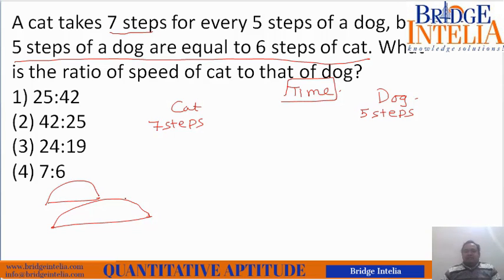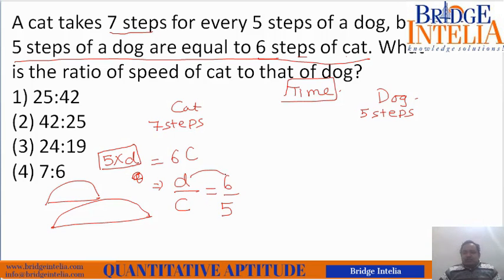So let in one step the dog cover distance D and the cat cover distance C. So 5 steps of dog means 5D, and this distance is equal to 6 steps of cat, 6C. So from here you can see that D upon C is equal to 6 upon 5.